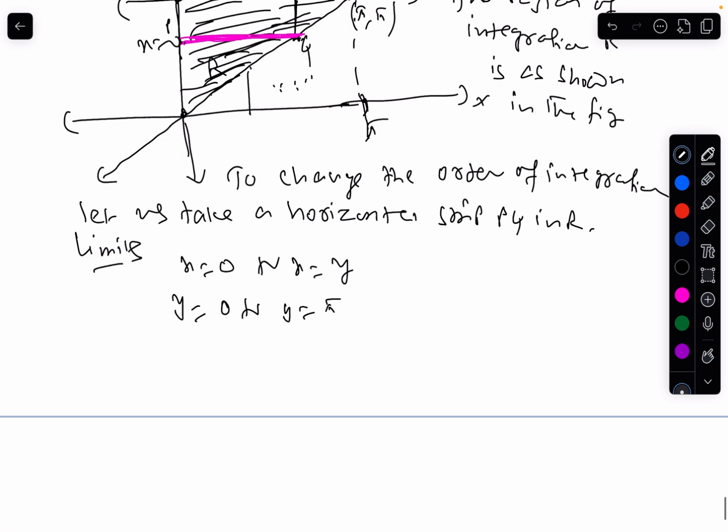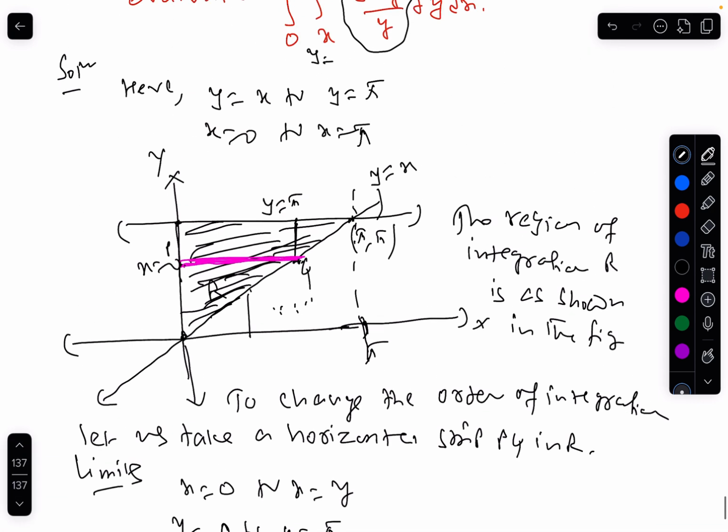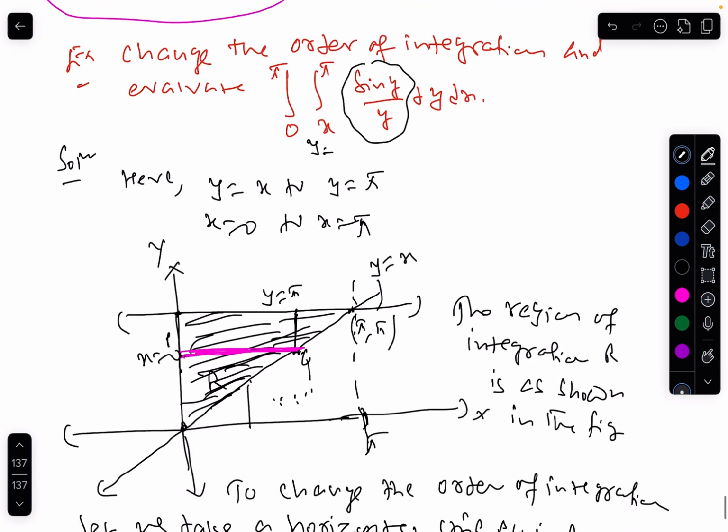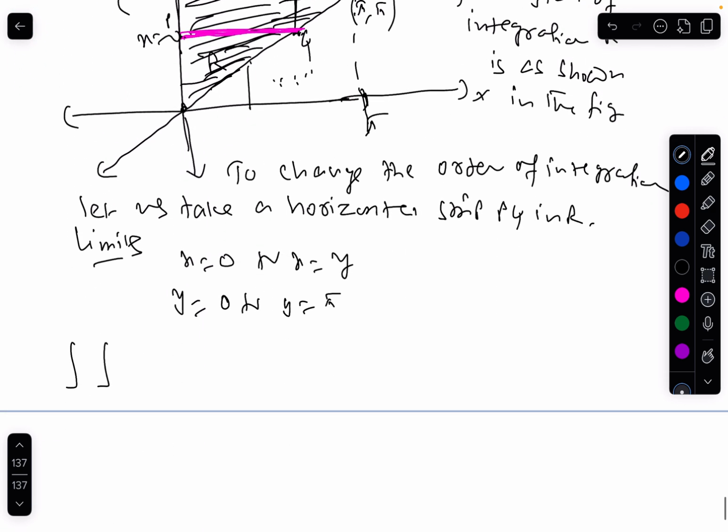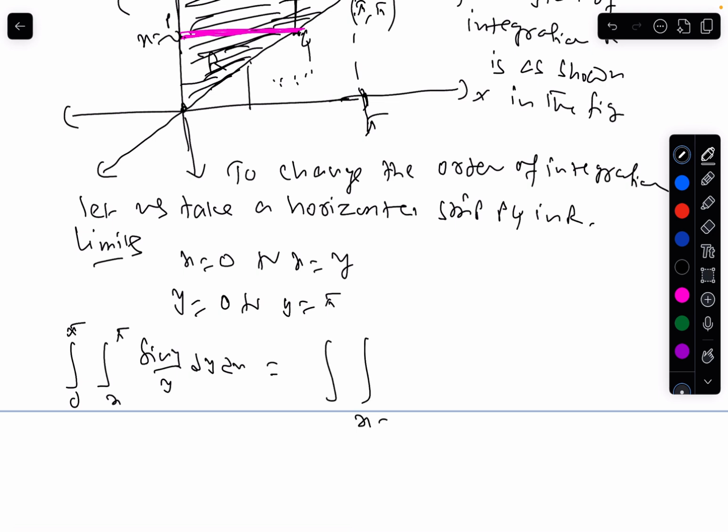And so double integration x to pi, 0 to pi, sin y over y dy dx equals x equal to 0 to y, y equal to 0 to pi, sin y over y dx dy.